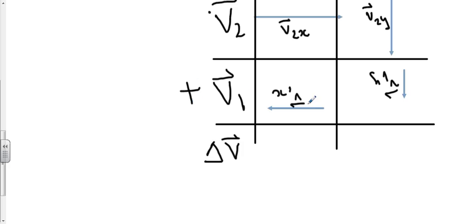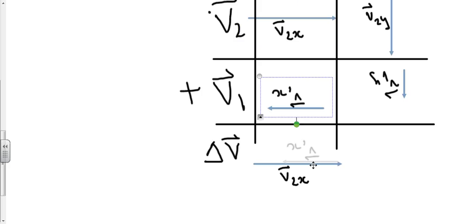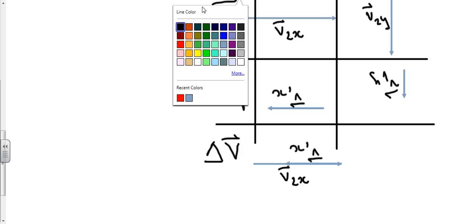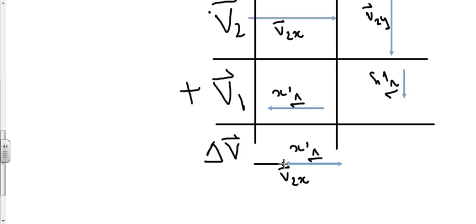So v2x plus v1x, what does that look like? Let's copy. There's v2x and v1x. When I put them head to tail like this, what do I end up with? I'll end up with a resultant that looks like this.